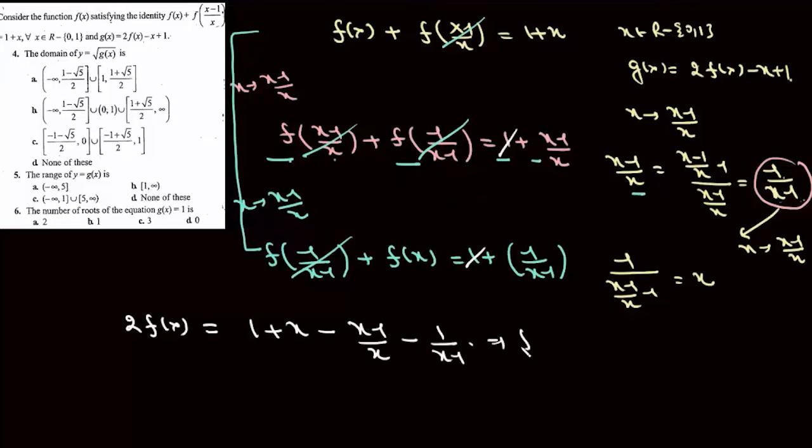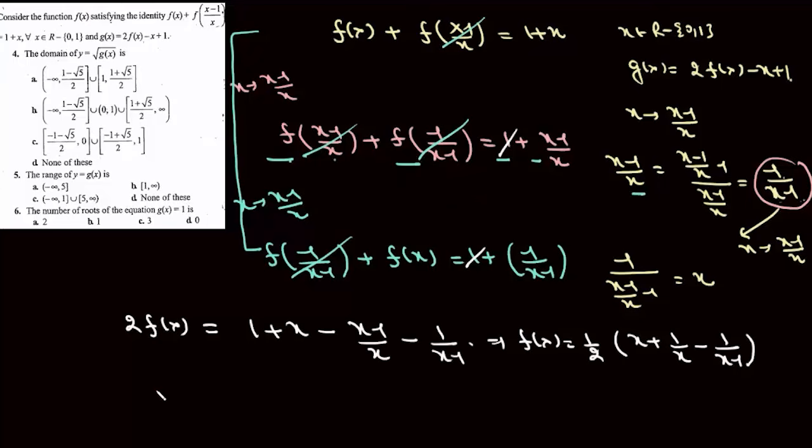So your function f(x) will be 1 by 2, and here x upon x is 1, which will cancel. So we'll get this as x plus 1/x minus 1/(x-1).